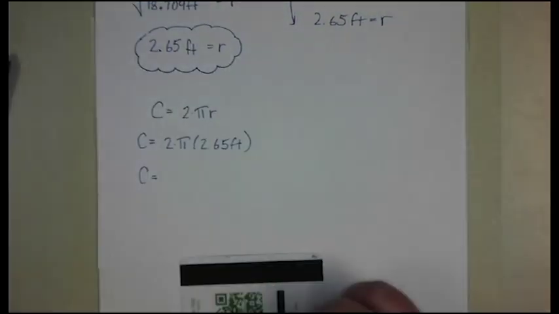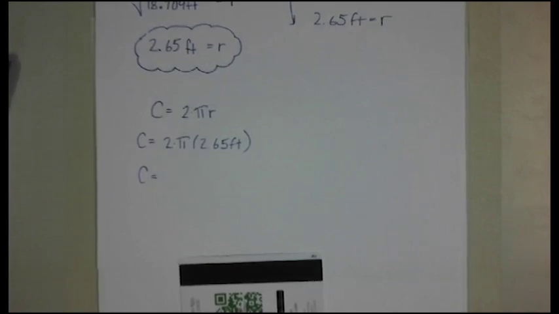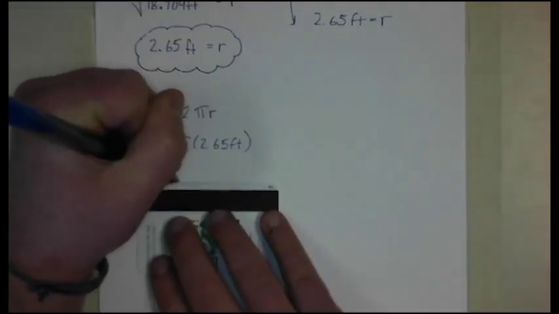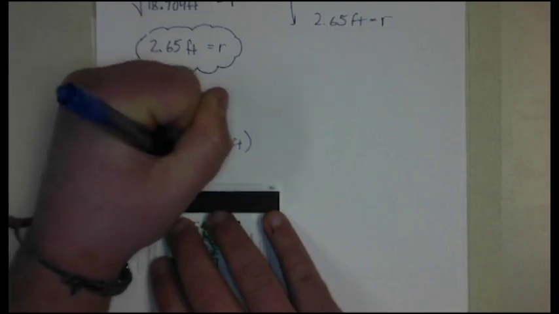Calculate c. Go back to my TI. I'm going to take that number, multiply by pi, multiply by 2. Come on. Oh, there we go. And drum roll, please. Circumference is approximately 16.68 feet.